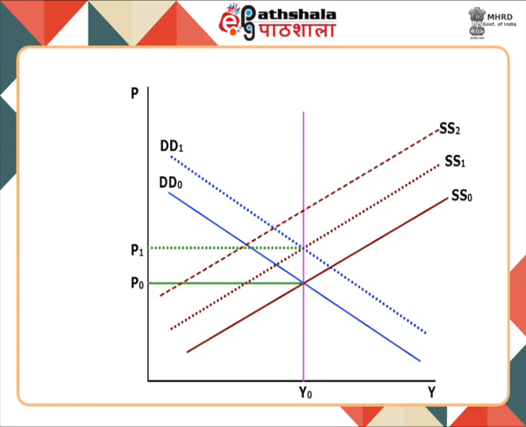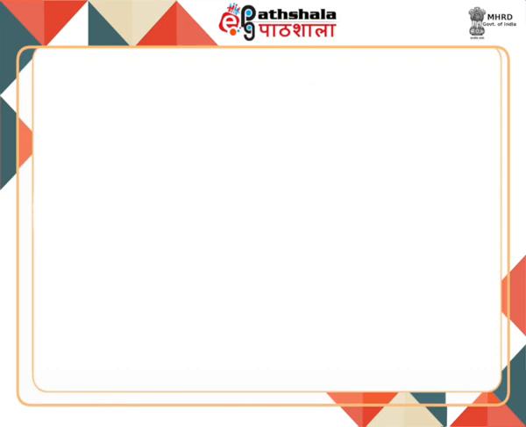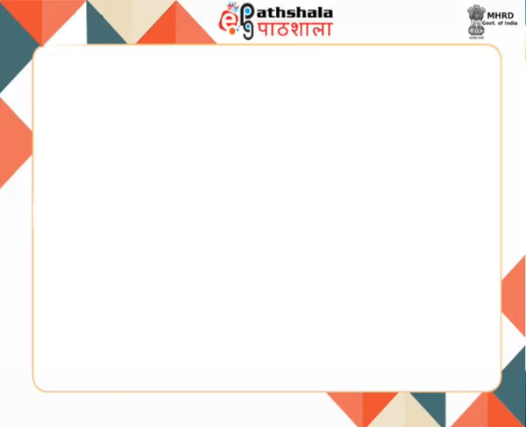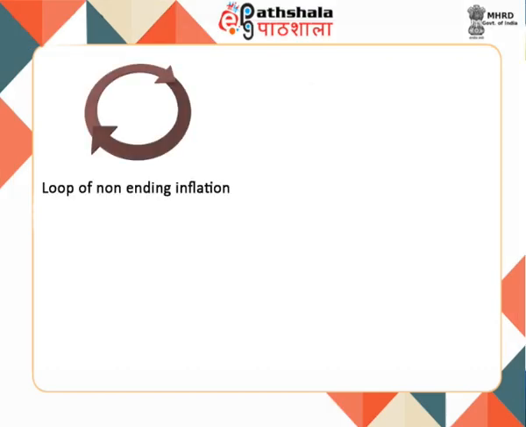Once again, there will be redistribution of income and the workers will again be benefited. This will increase the aggregate demand, and as a consequence, new demand curve would be DD2. Once again, the equilibrium shall be established at original level of output Y0, but again at a higher price level, that is at P2. Hence, it can be seen how wage price spiral forms a never-ending loop of inflation.